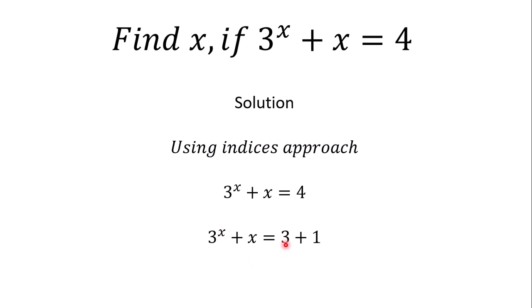When you come here, the base is 3. The power is not written, but we all know that when the power is not written, it is 1. So the power is 1. And also when you look at this, plus 1 here, plus x. When you come here, plus 1. Easily we can tell x is equal to 1.